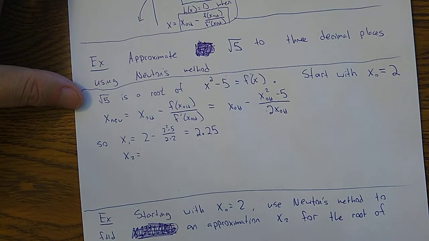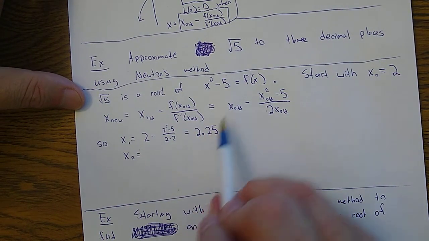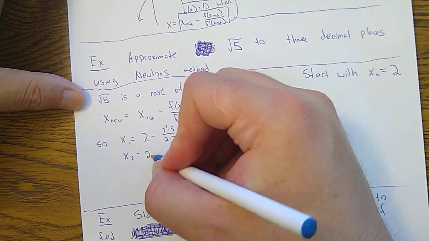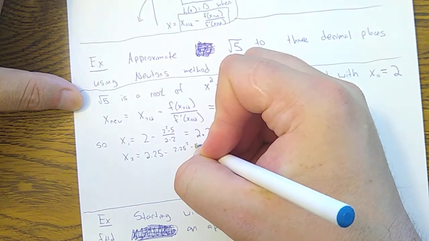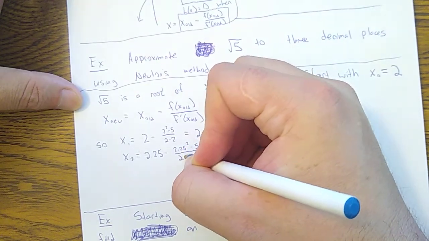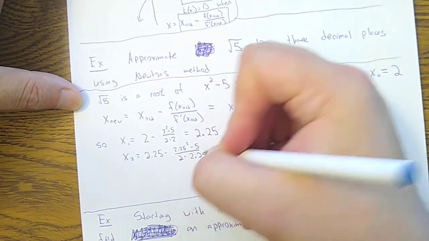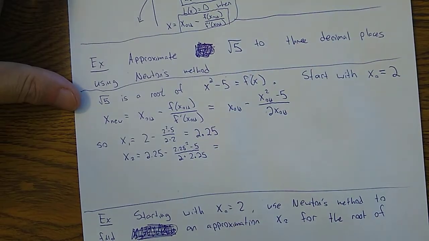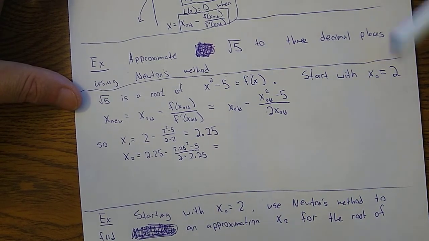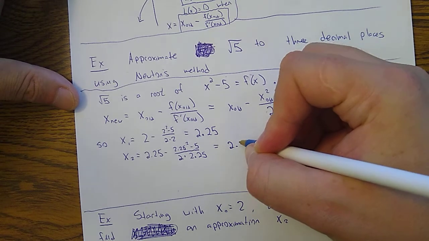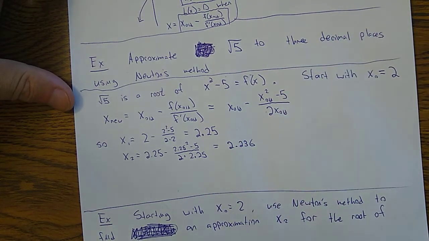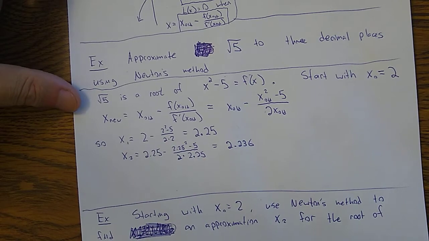And now I can find x2 by just taking my last answer and plugging it in here. And when I do that, I get 2.236.